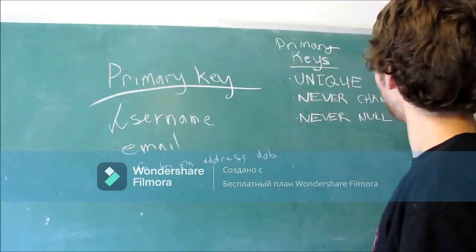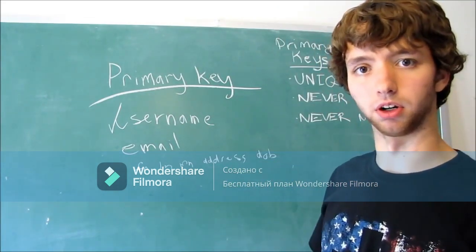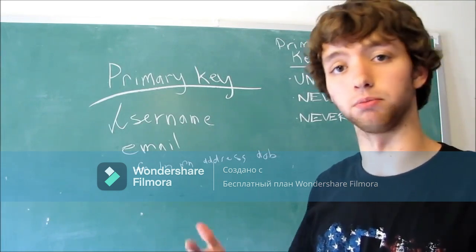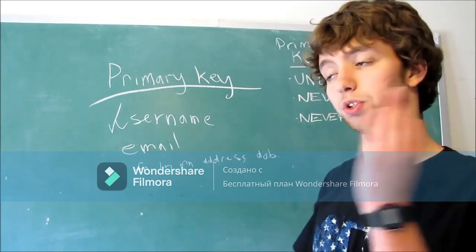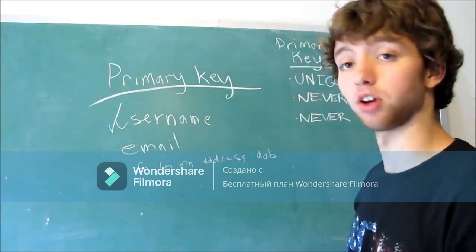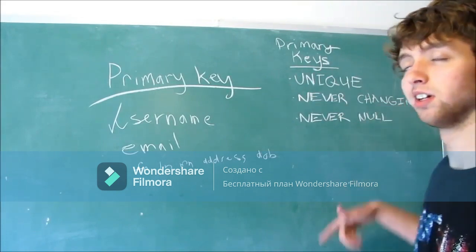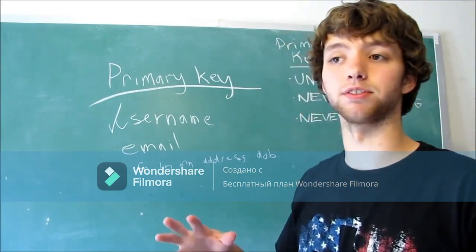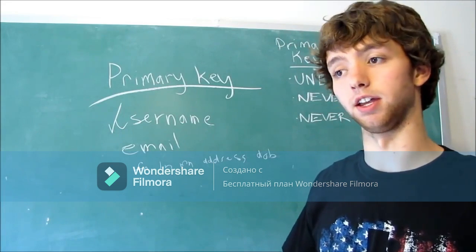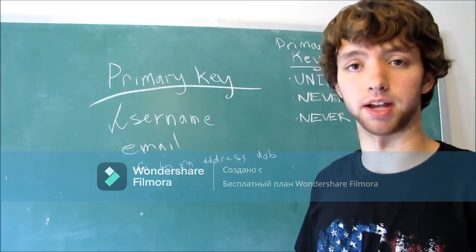Let's check out email. Well, you can make it unique. You can prevent multiple accounts with the same email. So when you create an account, you can only use an email that has not been used. That's an option. So that's possible. Never changing. Well, it depends. It depends on if you use your email like a username, like you sign in with your email and you have a password too.